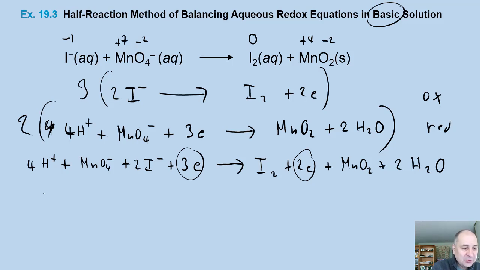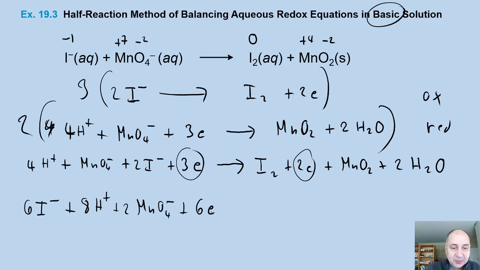So 3 times 2 would make 6 iodide plus 8 hydrogens plus 2 times MnO4 minus plus 6 electrons going to, now I'm going on to 3 times iodide, so 3 I2s, and then of course 3 times 2 electrons is 6 electrons, which is what we want.